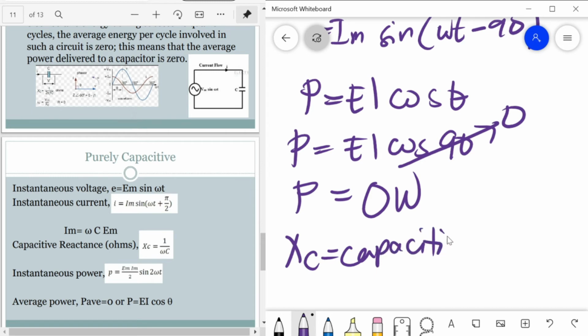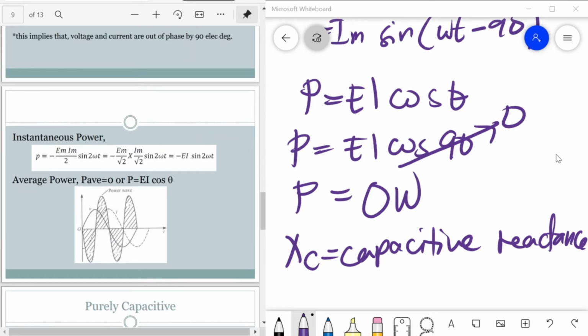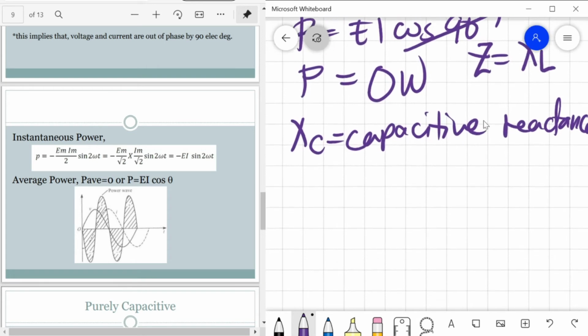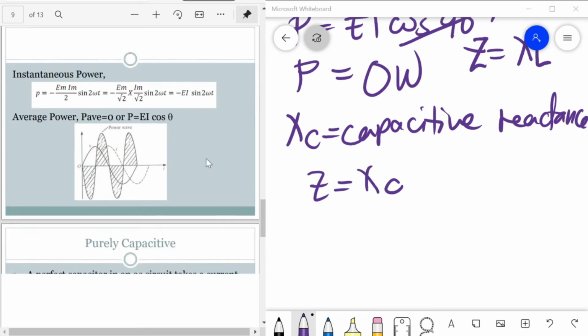Earlier, in purely inductive, our impedance is equal to XL. In capacitive reactance, our impedance is equal to XC, because there is no resistive load. Only XC is in our circuit.